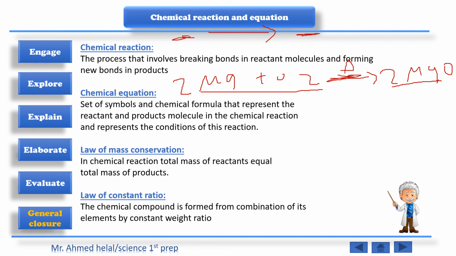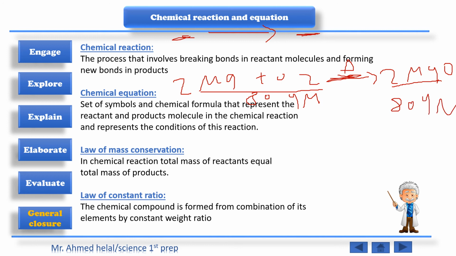This is the heat, the condition of this reaction. And we studied the law of mass conservation in chemical reactions. Total masses of reactants should equal total masses of products. Here if the total mass is 80 grams, here it must be 80 grams.